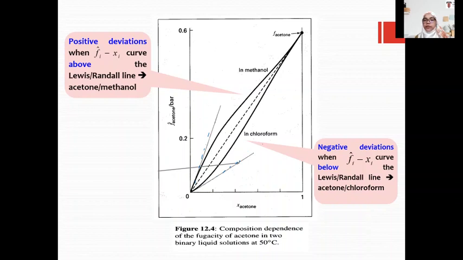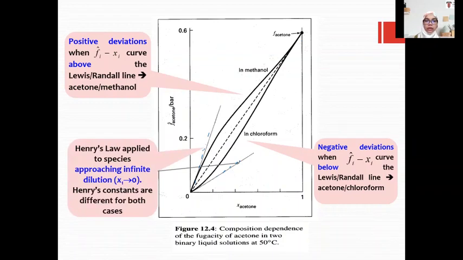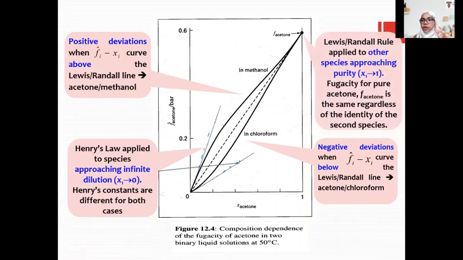The negative deviation means the curve is lower than the Lewis-Randall line. This is also Henry's law, which applies to the species approaching infinite dilution, or based on this graph, as acetone is near 0. The Lewis-Randall rule applies to the species approaching purity, or based on this graph, when the composition of the acetone is near 1.